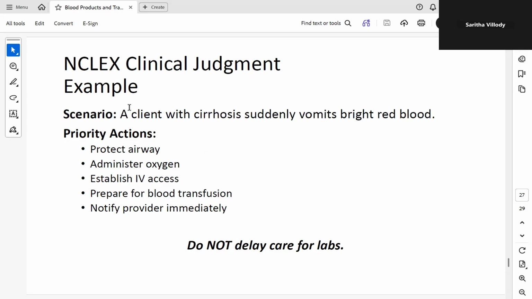So, question: a client with cirrhosis suddenly vomits bright red blood. What is our priority action? Our priority action in case of a person vomiting, not just blood or any blood, anything, is to protect their airways.